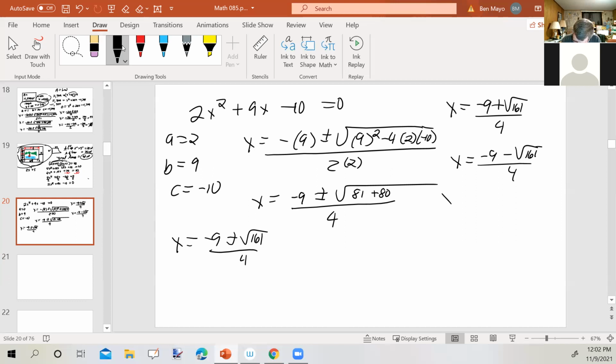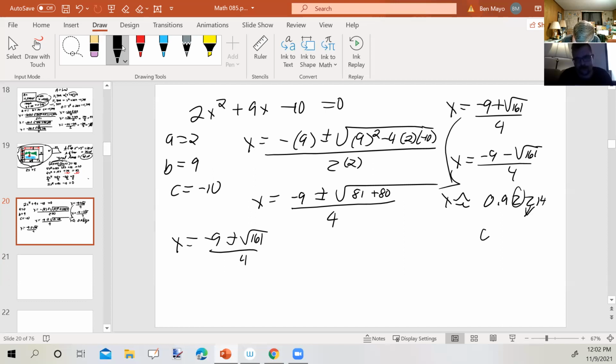So in the calculator, parentheses, -9 plus, I'm doing this top one first, plus the square root of 161, close up the whole thing, divided by 4. We get 0.92214, etc. Rounding to the nearest hundredth, we'd get 0.92, okay?